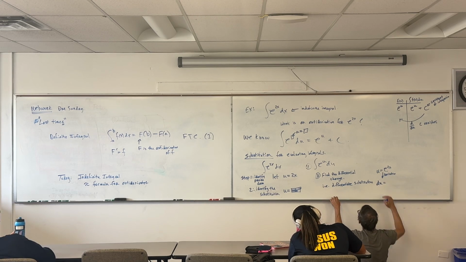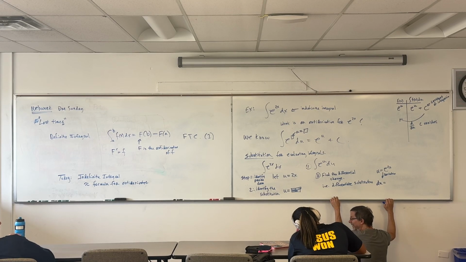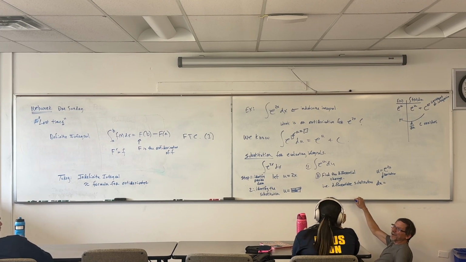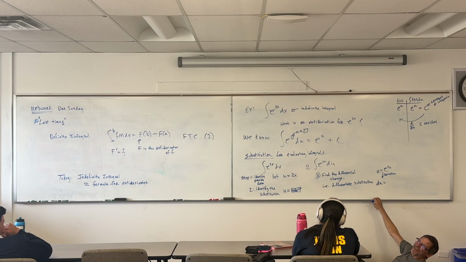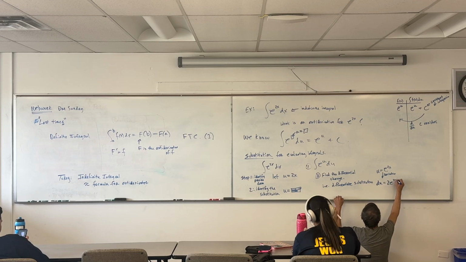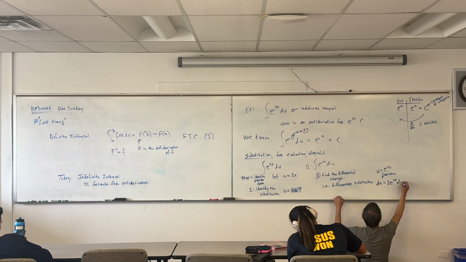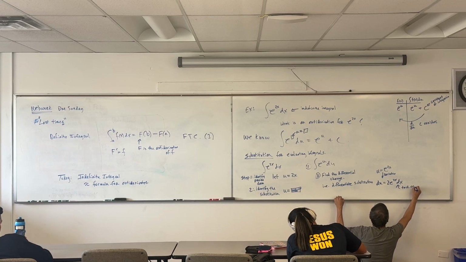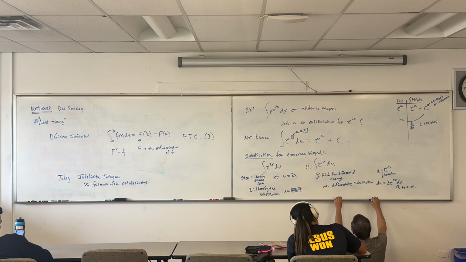What is the derivative of e to the 2x? I know I'm just popping out of here asking you a question. What's the derivative of e to the 2x? 2e to the 2x, right? So this is 2e to the 2x, and I tack on this dx.